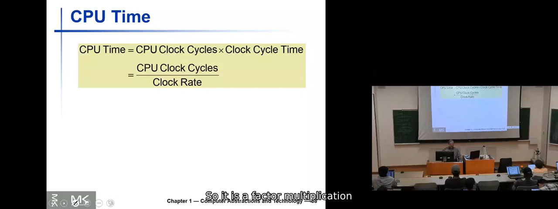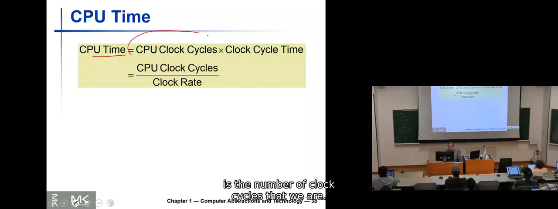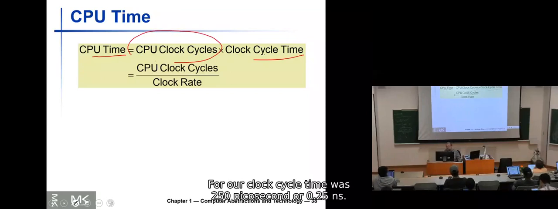So it is a multiplying factor of clock cycles. You can say CPU time is the number of clock cycles the CPU takes times the clock cycle time. Our clock cycle time was 250 picoseconds, or 0.25 nanosecond.